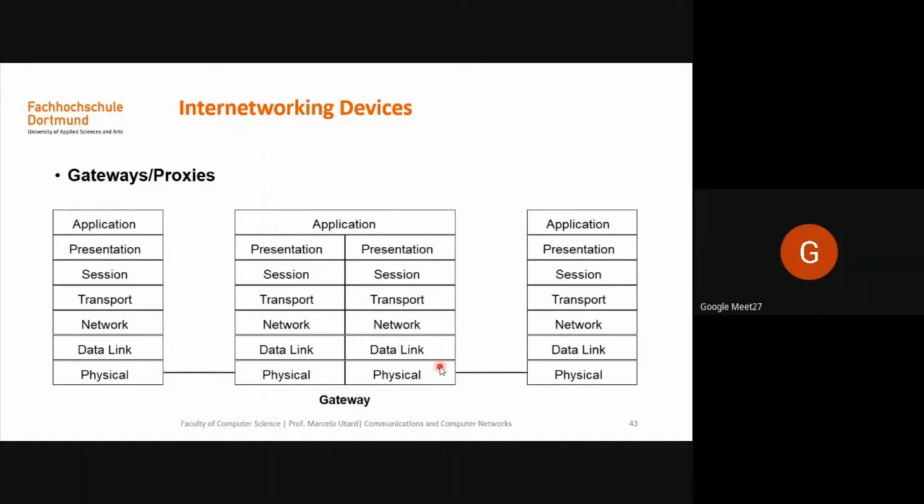Finally, gateways and proxies are internetworking devices that work at the highest layer, the application layer.